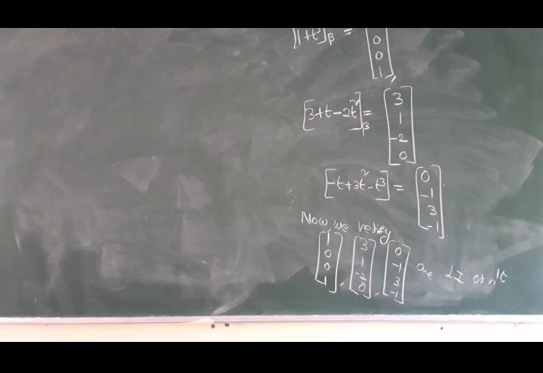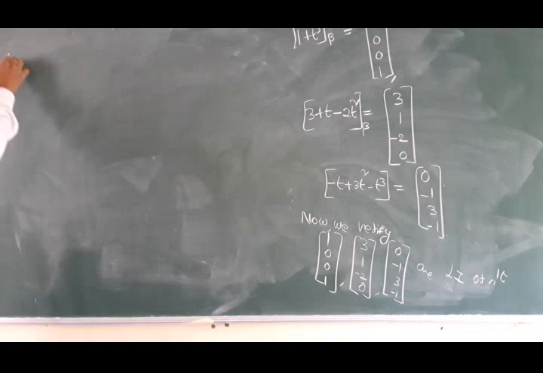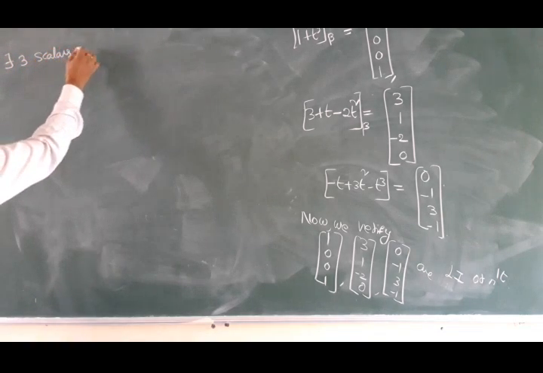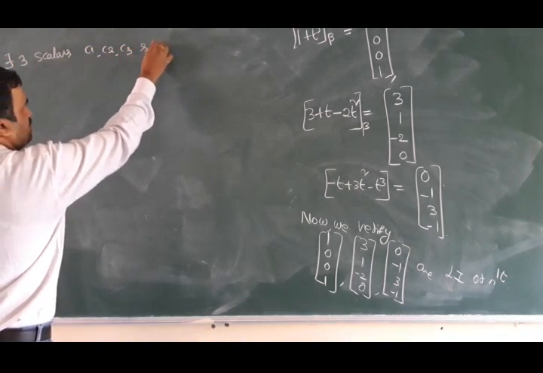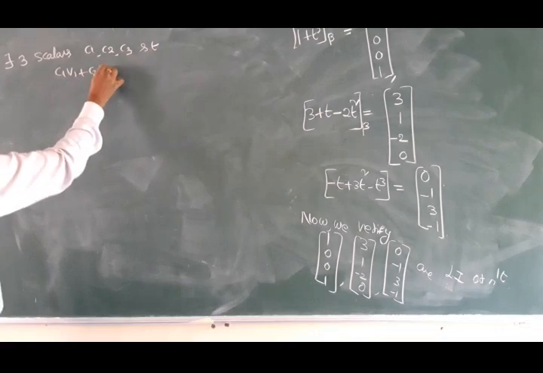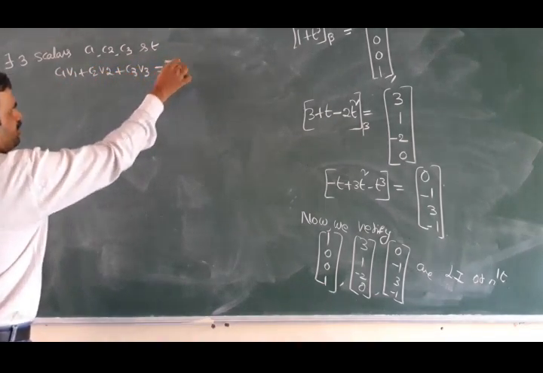Now we consider 3 vectors are given. There exist 3 scalars C1, C2, C3 such that C1 V1 plus C2 V2 plus C3 V3 equal to 0 bar.